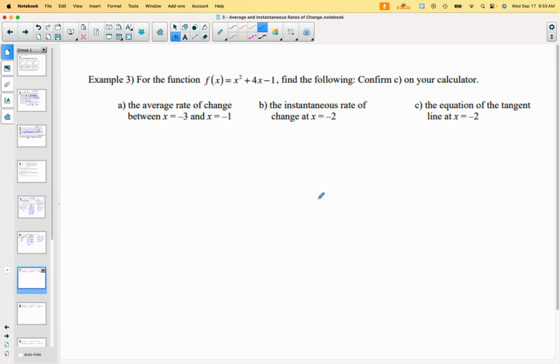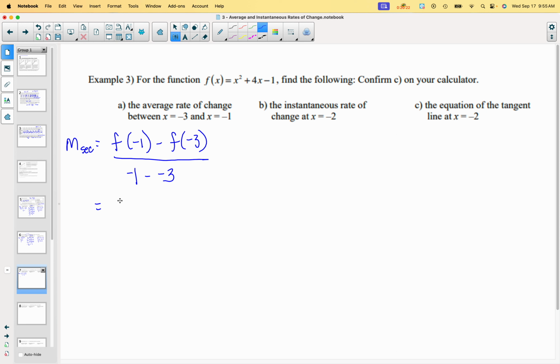Okay, next we're going to look and see what happens on this. Now we have a parabola again, but a little bit more complicated than the first one we did. The first thing we're going to look at is the slope of our secant line. So we're going to take f of negative 1 minus f of negative 3 and divide by negative 1 minus negative 3.